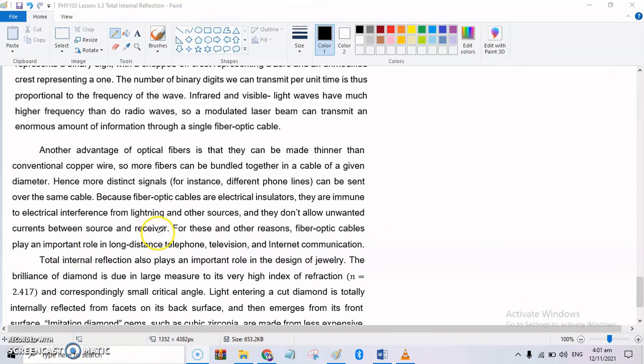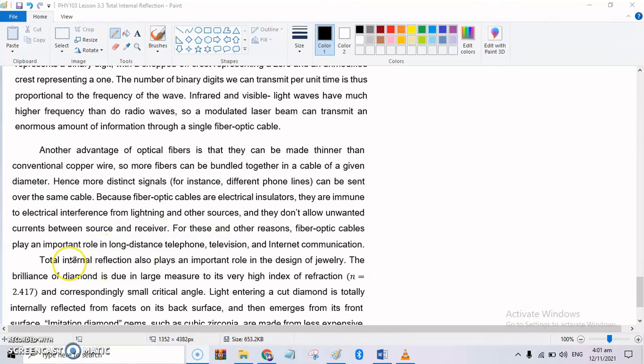An example of fiber cable is our LAN cable, which we are using in our internet Wi-Fi portable device.